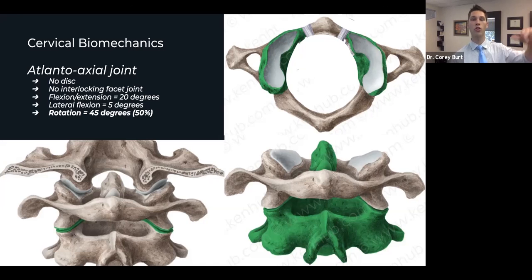With the shoulder, you have a lot of mobility, but with that comes a high risk of injury, which is why we see so many shoulder injuries compared to other parts of the body. Of course, the head and neck is 1,000 times more important than the shoulder, but that's a topic for another day. I hope that helps.